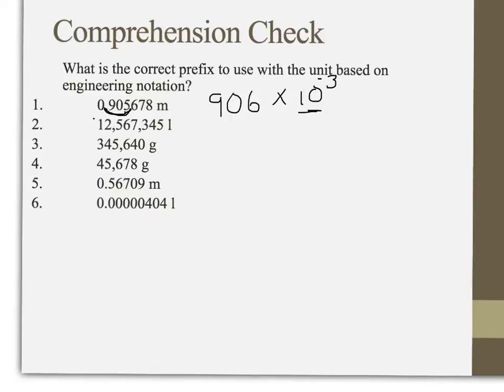And then I go to my chart and I can see that 10 to the negative 3 can be represented with milli, so this can be written as 906 millimeters. And remember to keep a space between the number and the units, but not between the prefix and the units. So pause the video and see if you can do the rest of the 5 problems.